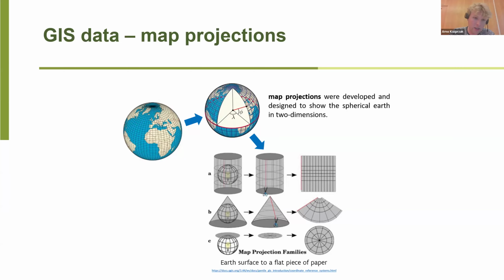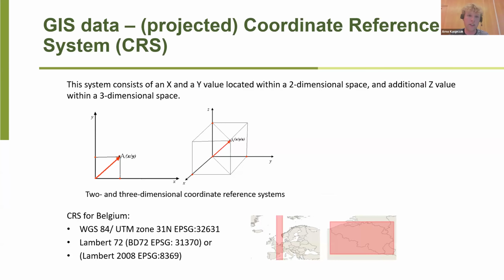And then if you want to use data in GIS, the data will always have a so-called projected coordinate reference system, which is basically a combination of a geographic coordinate system and a map projection.